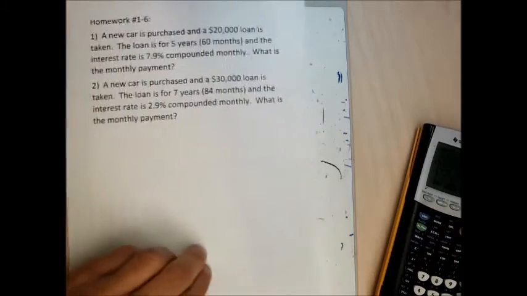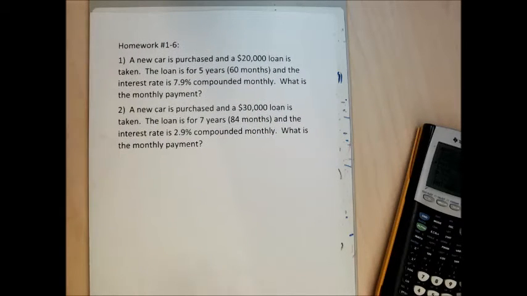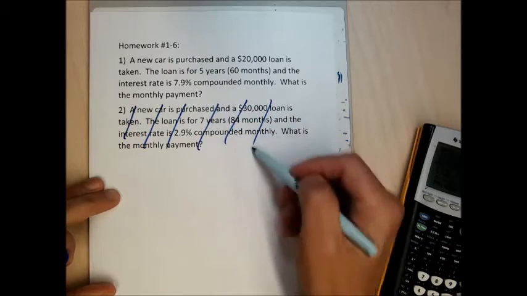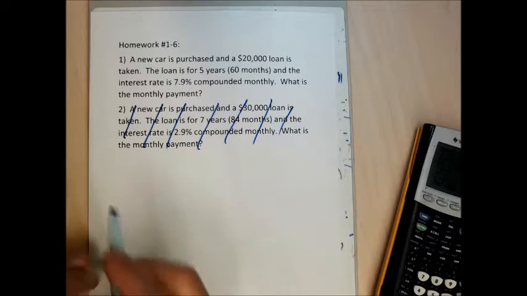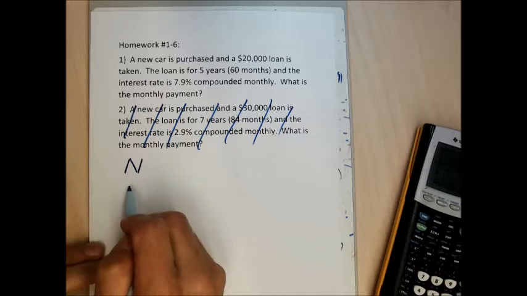All right, so let's go through a couple of problems now. So 1 and 2 are our problems. Let's just work on 1 together so that we're doing the same thing, and I'm computing a car payment, and anytime I'm computing a car payment, I'm going to use the Apps TVM Solver screen.